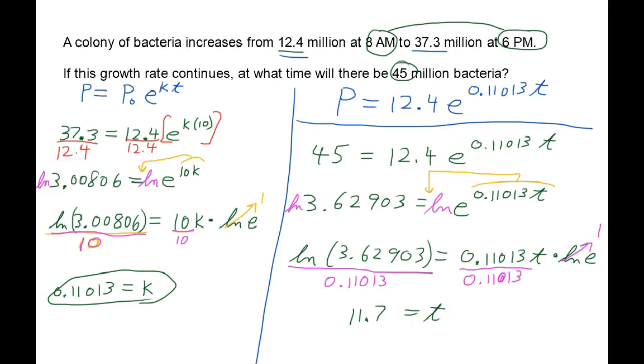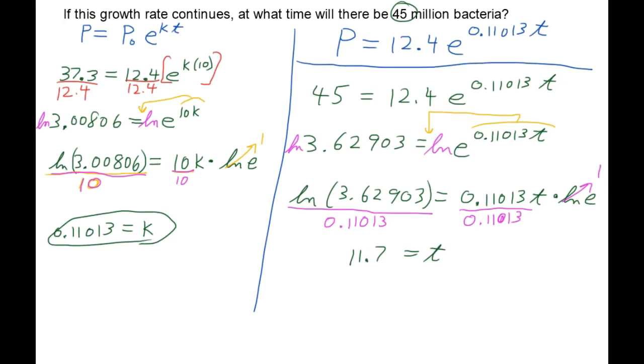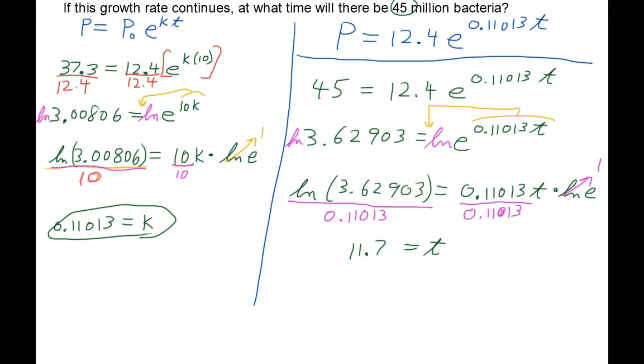We're dealing in hours, so that's 11.7 hours. So after 8 a.m., you can convert 0.7 into minutes. Just say, 0.7 times 60 equals 42 minutes.